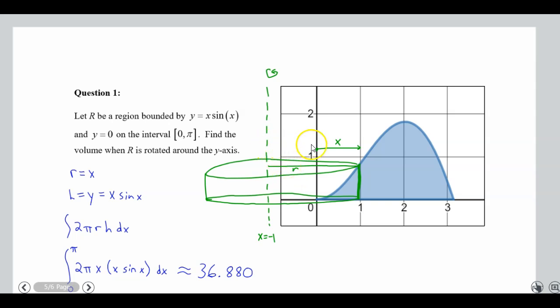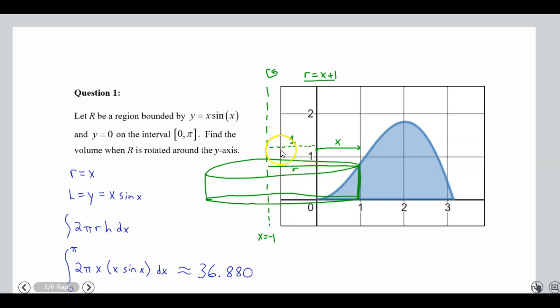What's left over here for this r is I need this distance right here from this line at -1 to this y-axis, and that distance we know is just 1, right? So if we add those up, 1 plus this extra x, then we're going to get that r is just x plus 1. So in this case, r would be x plus 1, rotating around this line at x is -1.